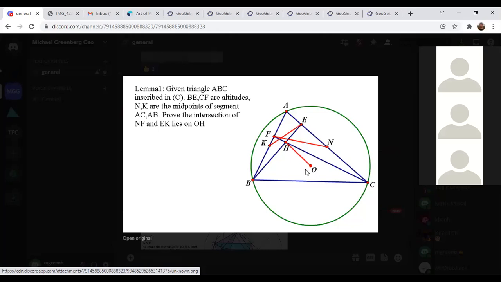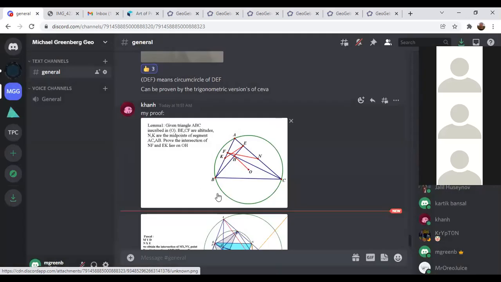Without this lemma, it could really be almost any two points. This lemma is why it's O and H, right? Because OH, EK, and FN concur on OH. So, okay, I think this makes sense.